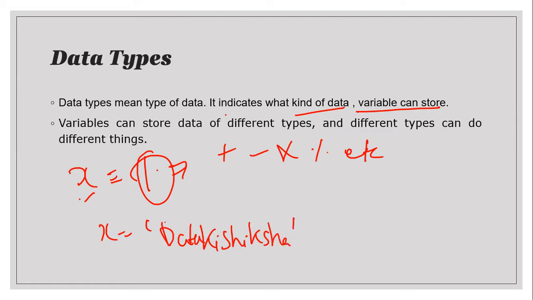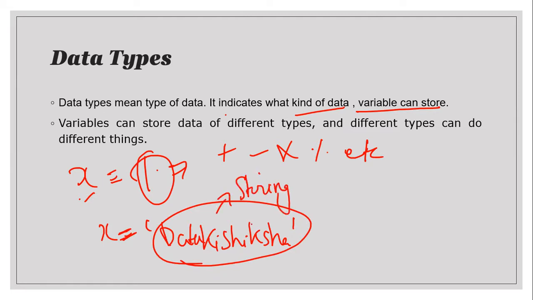Okay, this is a name. So what are the things we can do with name type of data? Basically it is called string. What we can do with string type of data: we can convert the data ki shiksha into complete lower form, so it will be like data ki shiksha.